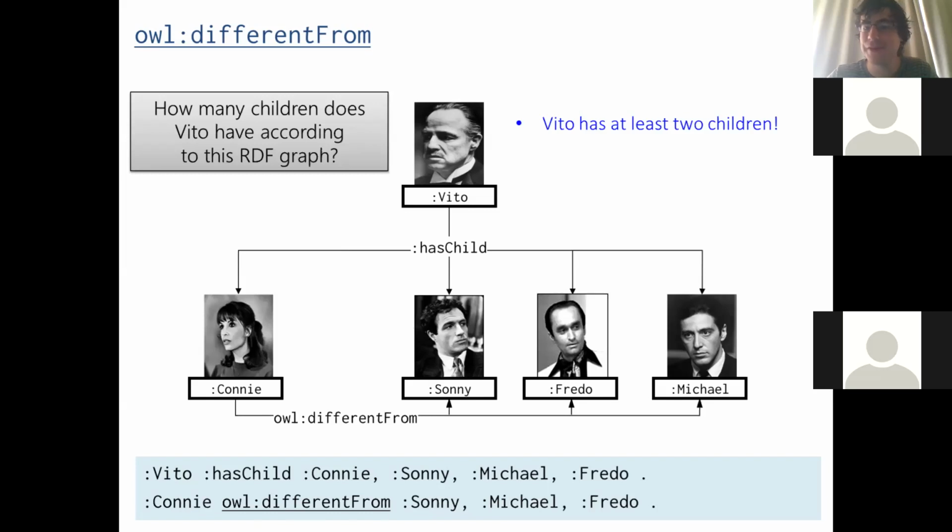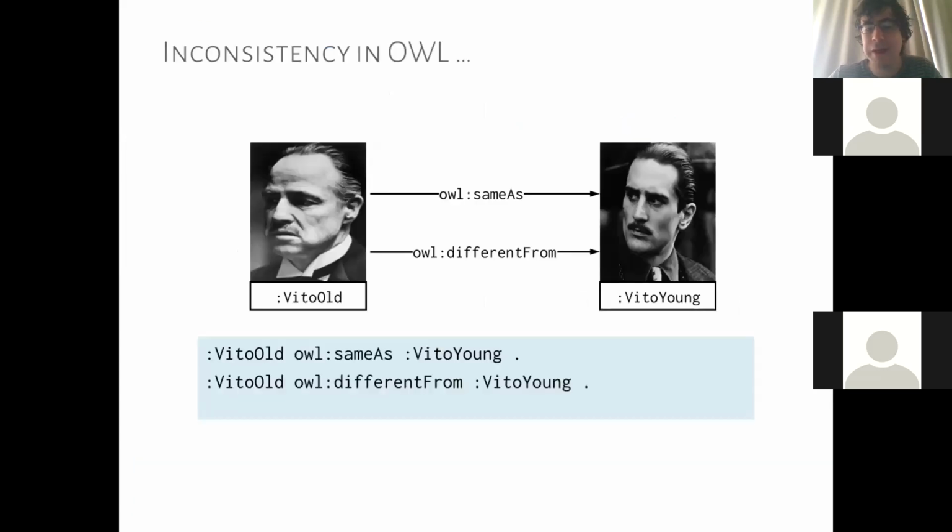So we don't assume these things by default, but we can state them if we know them. Different from and same as. So we can have inconsistency in OWL. So what this means is we can say 2 things that we're quite clear are a conflict, a contradiction, right? So in general, we will denote an inconsistency with false, and it means that there's somehow a logical contradiction in the data.